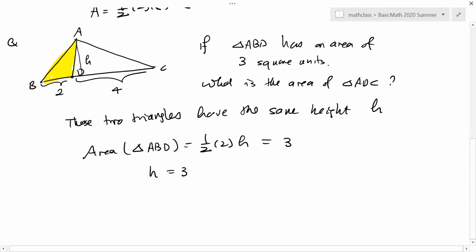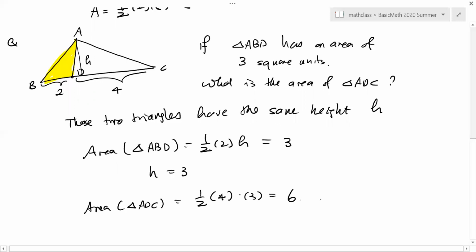Once you get the height, you will get the area of the triangle on the right-hand side. For triangle ADC, the base is 4 and the height is 3. If you multiply them by half, that's going to be 6 square units.